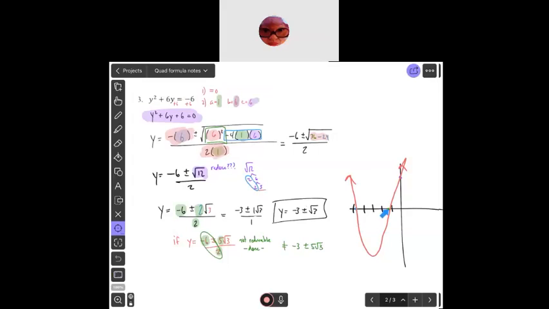All right, and how'd you get the blue one? Negative 3 minus 1.7 would be negative 4.7. So that's where I got that one. Okay. I knew that my vertex had to be somewhere there between them, right? And then, yeah. All right.